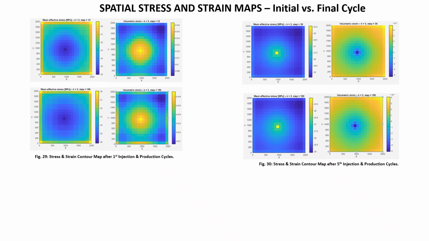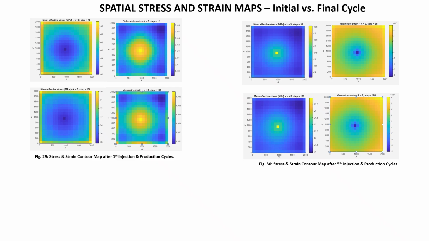If you look at the color coding, in the final cycle you see there is some kind of peak here as opposed to this one, and you can see also on the sides of the reservoir some peaks around there. So it shows strong dilation, but it is completely repeatable. The rock expands during injection, returns during production. It shows no sign of cumulative damage.